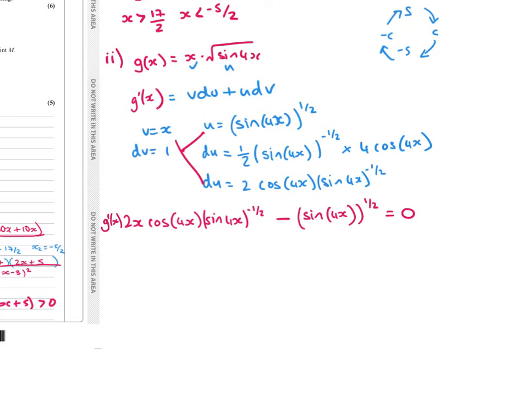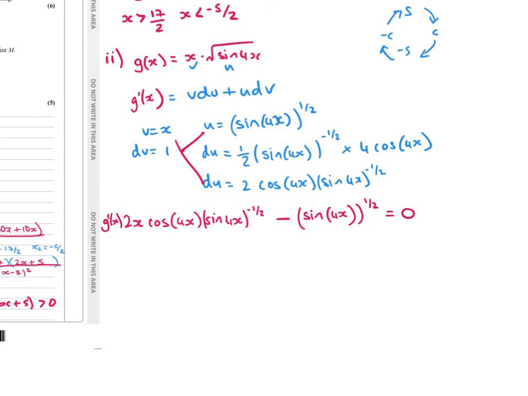How am I going to solve this? I know the only way to get a tan is if I have a sine over cos, isn't it? How am I going to get a sine over cos? I'm going to have to divide by a cos, essentially. So here we go.